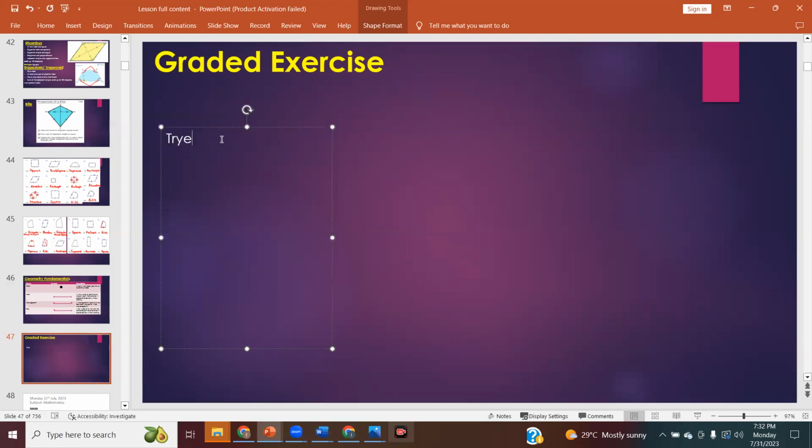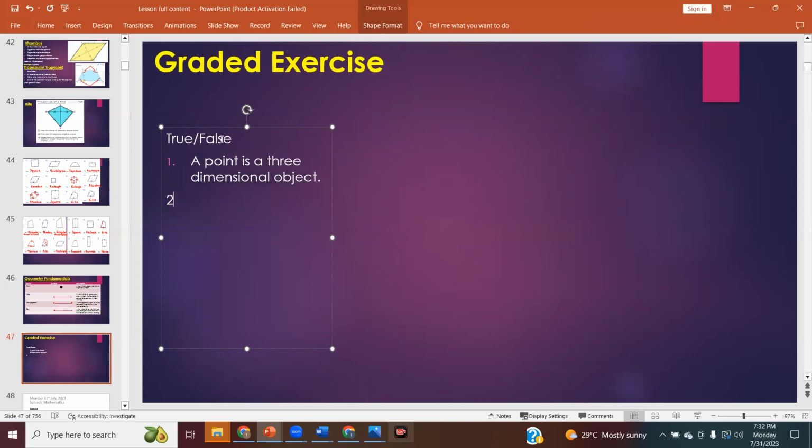True or false? Number one: a point is a three-dimensional object. True or false.